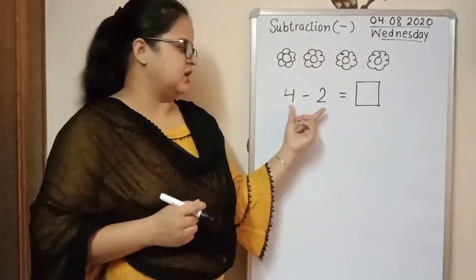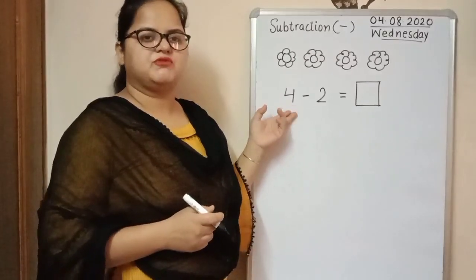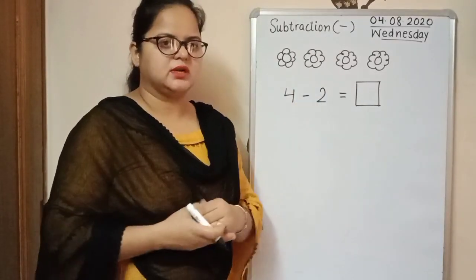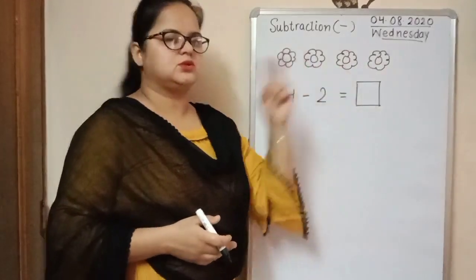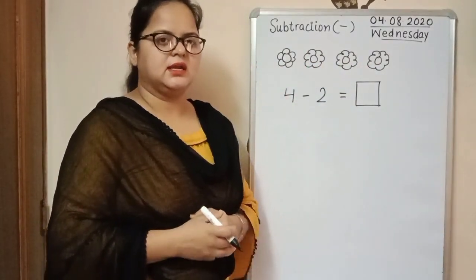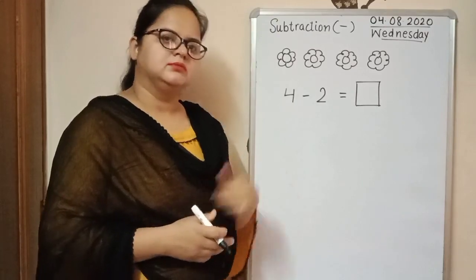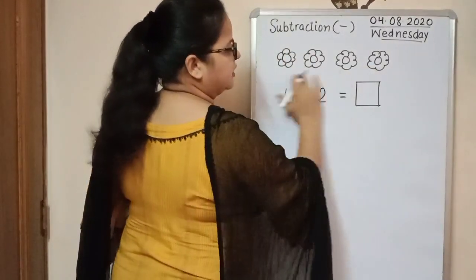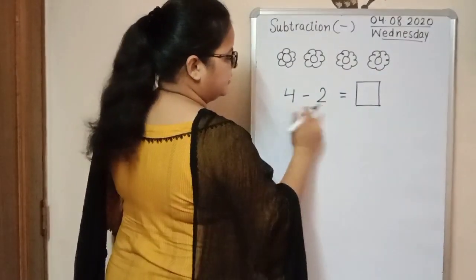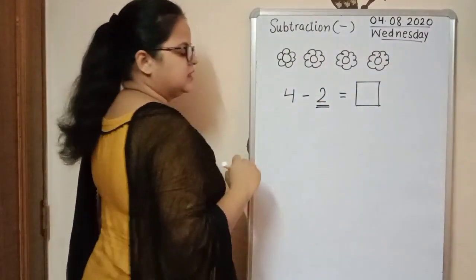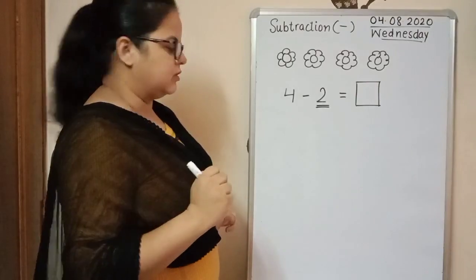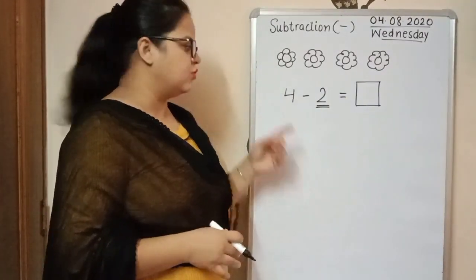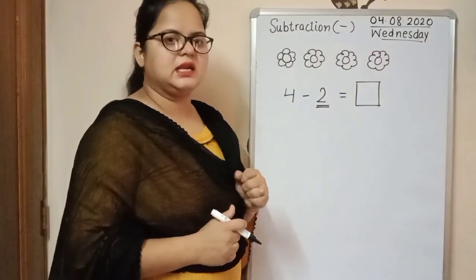If we will subtract number 2 from 4, we have to take out 2 from 4, taken out. We will cut 2 of the 4 flowers and then we have the answer on the board. Here are 4 flowers and we have to take out 2 from 4. 4 minus 2 means taking 2 out of 4.